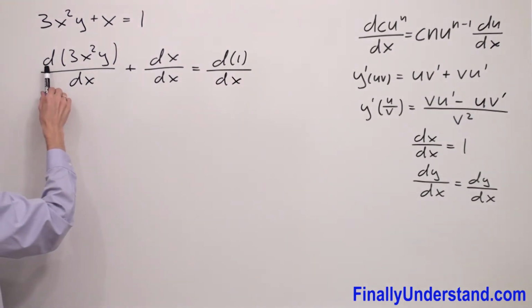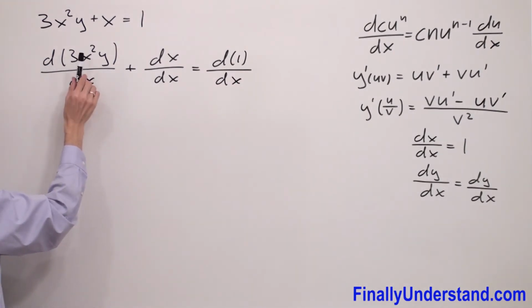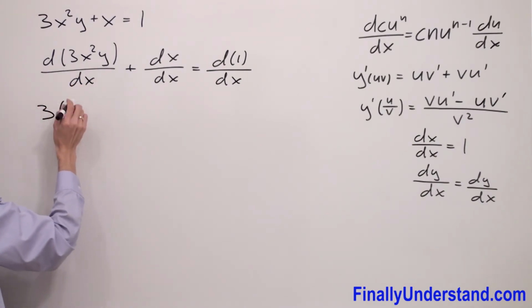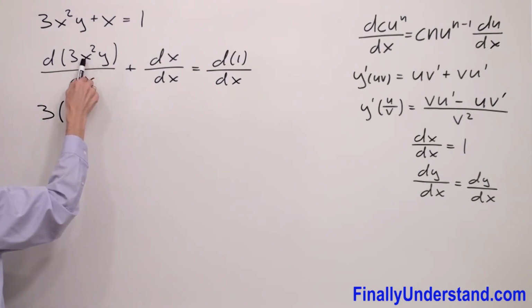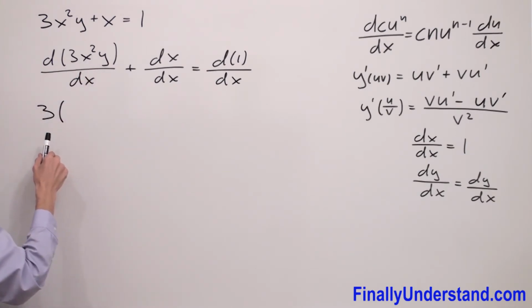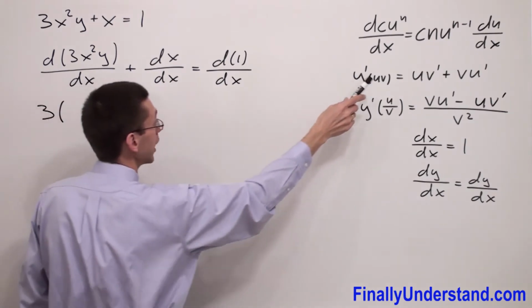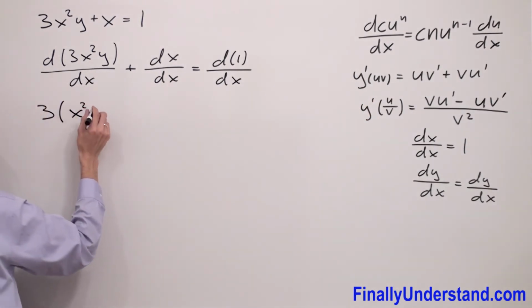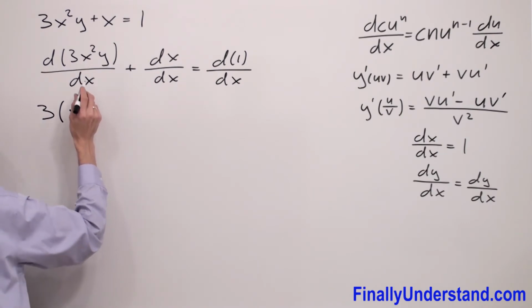So I have the derivative of 3x squared y. This is my constant. The constant comes down, so I have 3. Next I have to find the derivative of the product of two factors. So the formula says I have to copy down the first factor, so I have x squared, and multiply it by the derivative of the second one.